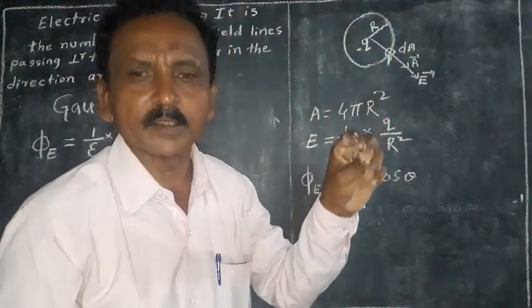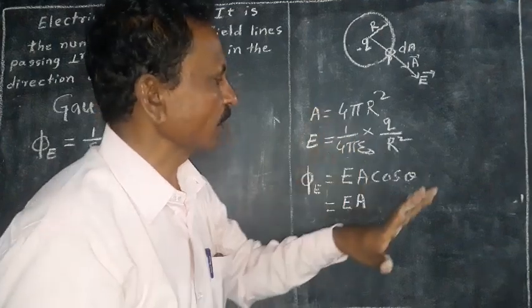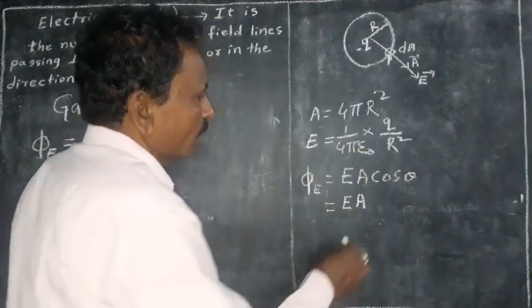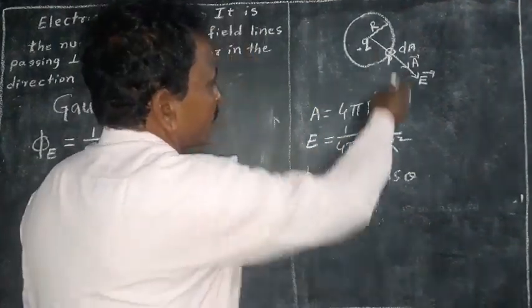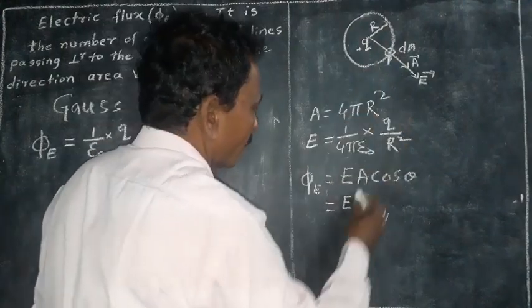Hence, electric intensity remains the same. And the area of the sphere is 4 pi r square.